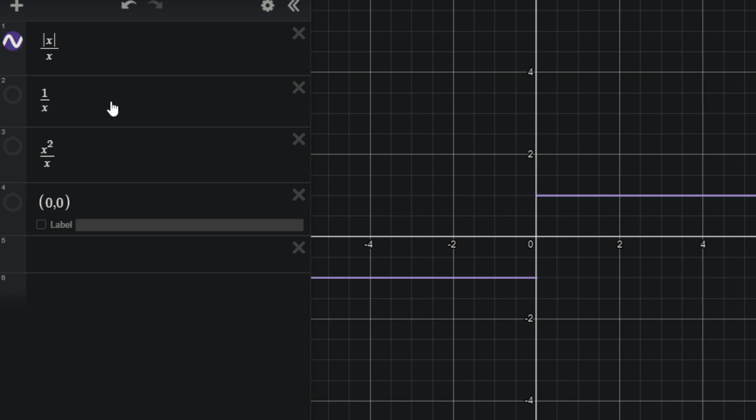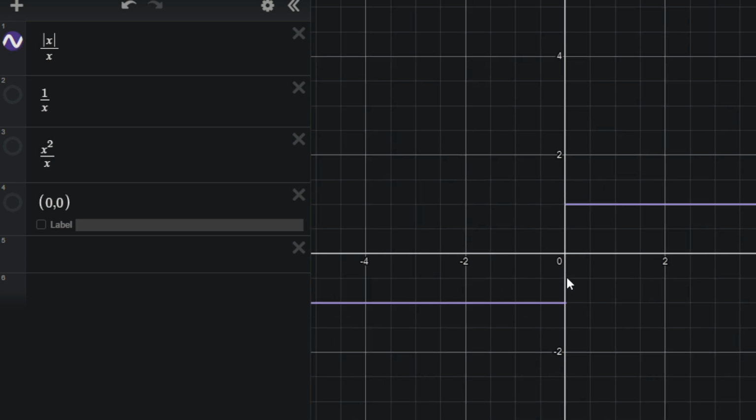And then the last one is the absolute value of x divided by x. This one kind of has a similar issue, which is that even if we were able to remove that discontinuity somehow, it still is going on completely different paths around that discontinuity, right?